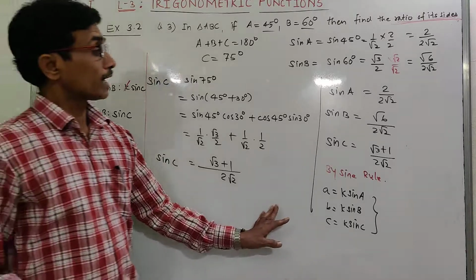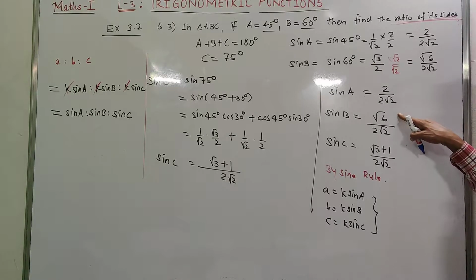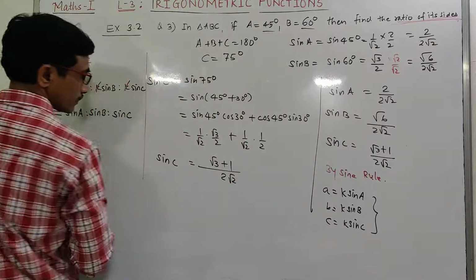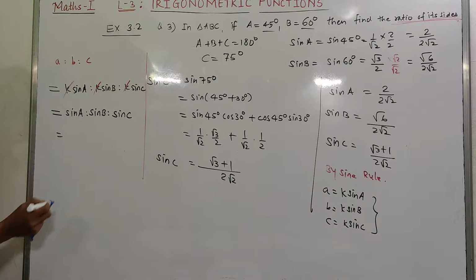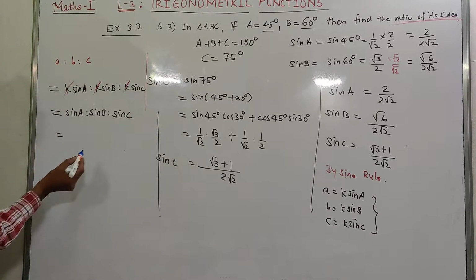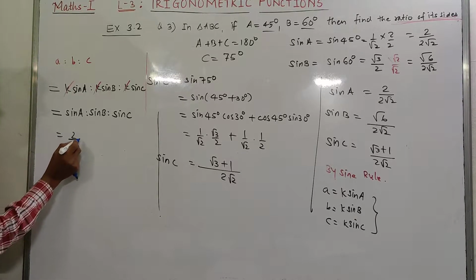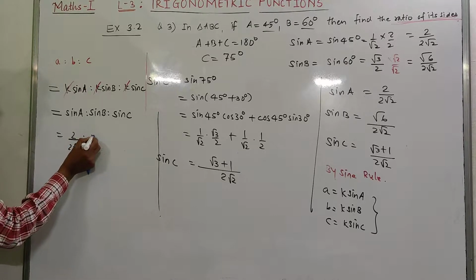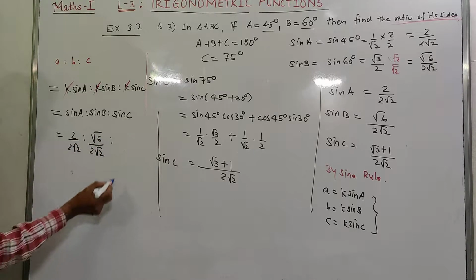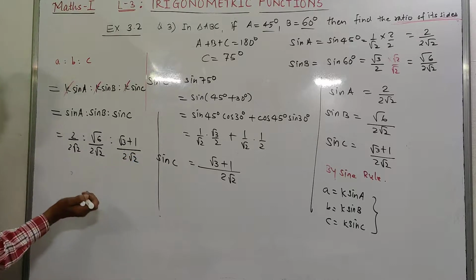Now sine A is 2 upon 2 root 2, sine B is root 6 upon 2 root 2, and sine C is root 3 plus 1 upon 2 root 2.